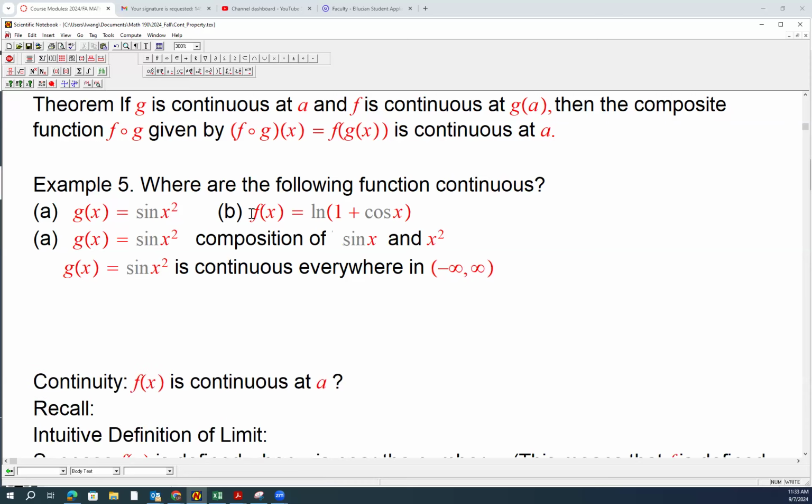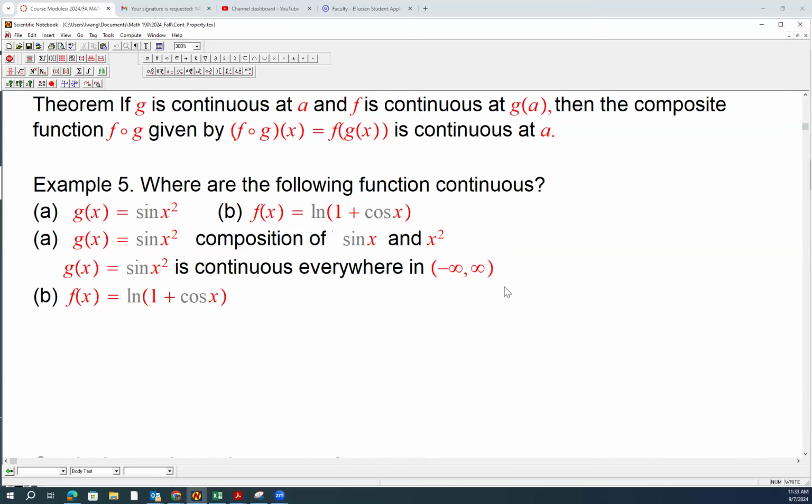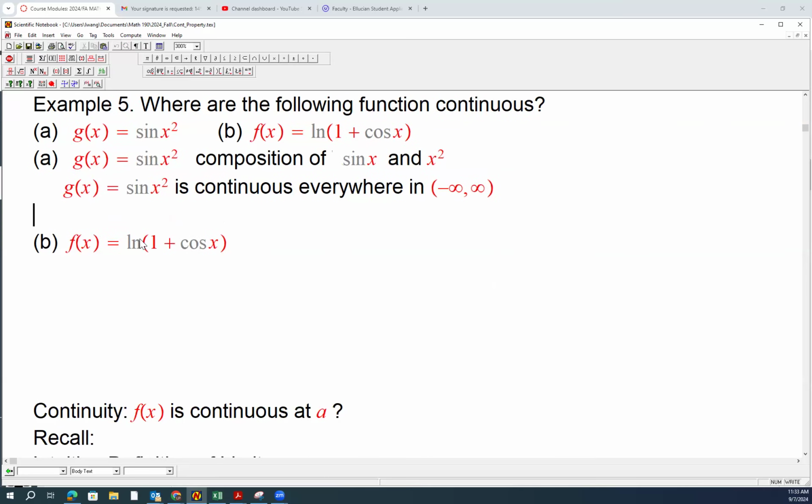And for f of x, for b over here, it can be viewed as a composition of two functions: the composition of ln x and 1 plus cosine x. 1 is continuous, cosine x is continuous everywhere.